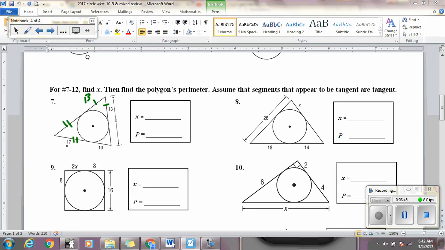So if this one is showing 17, this one should also be 17. And then at last I know that this segment is congruent with this segment. So 10 is here, so 10 must be here. And if you notice, X is the entire right side of this triangle. So I would combine 10 with 13 and get 23.